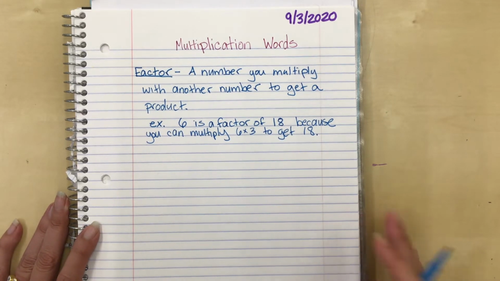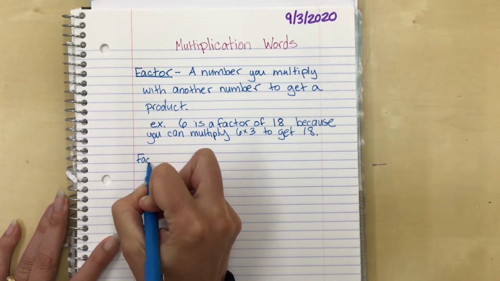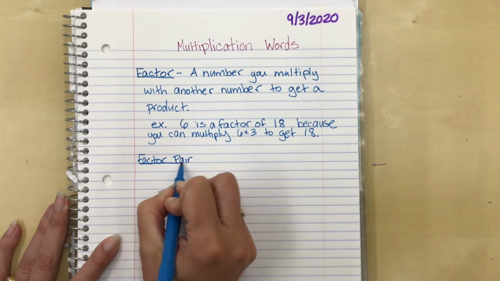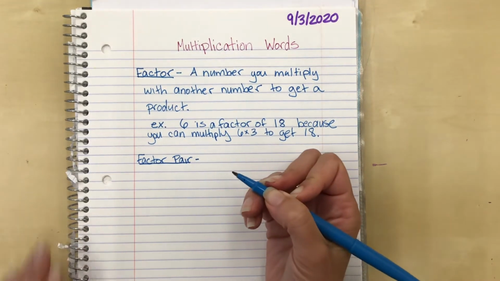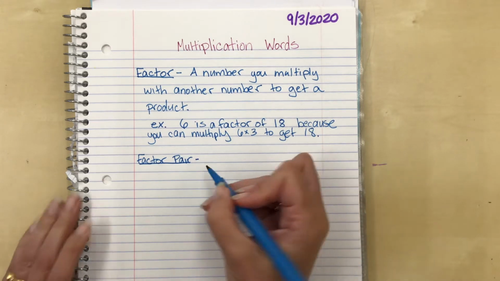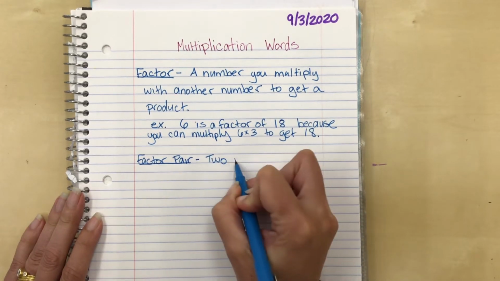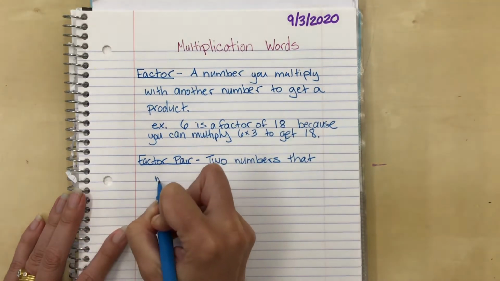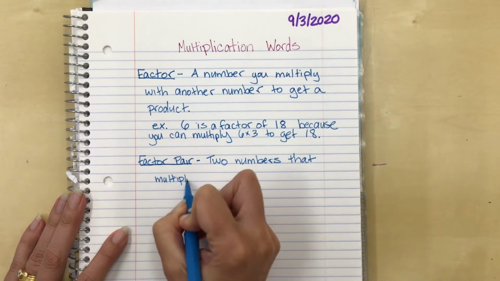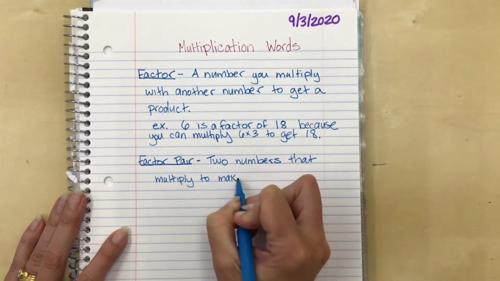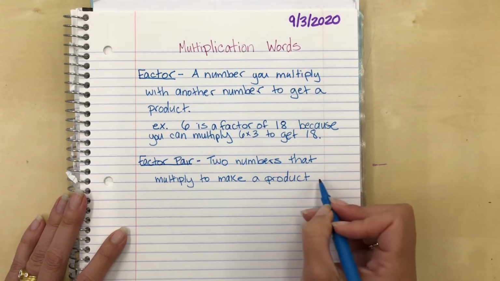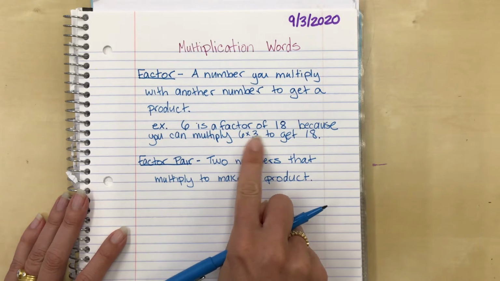The factor pair, you already know, but we're going to write it here again anyways, just so that we have these multiplication words all together. A factor pair are two numbers that multiply to make a product. Okay, so 3 and 6, or 6 and 3, are factor pairs for 18.